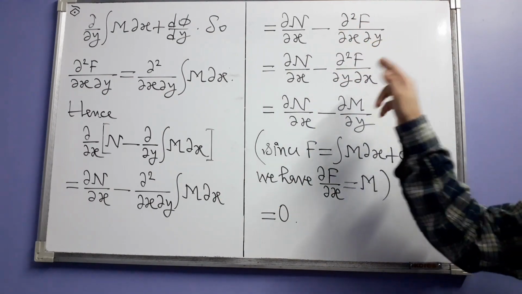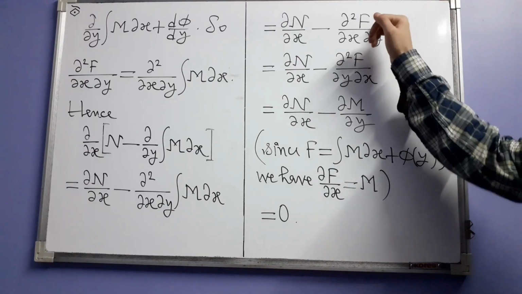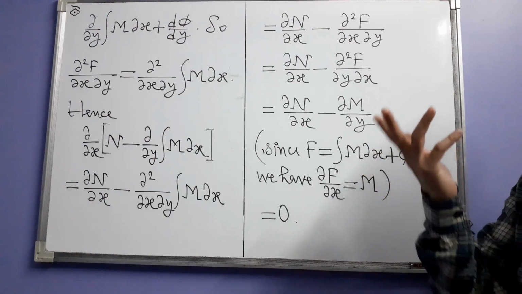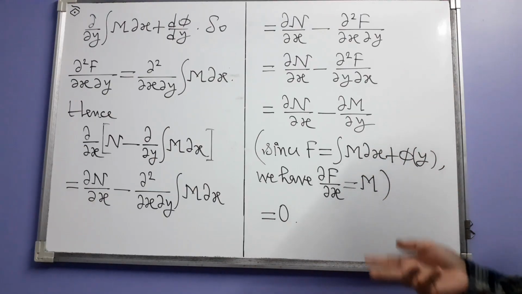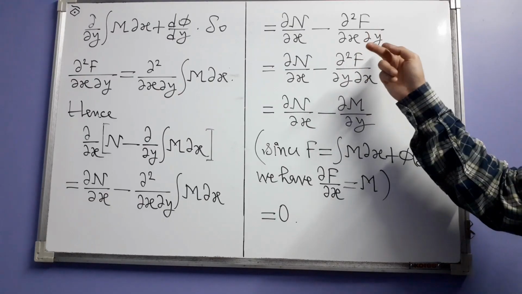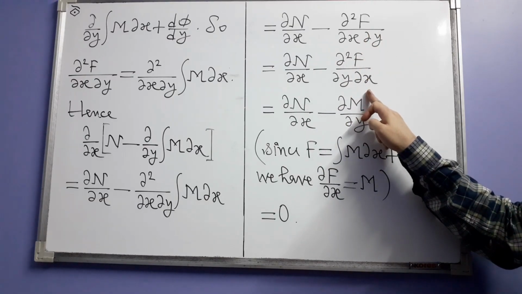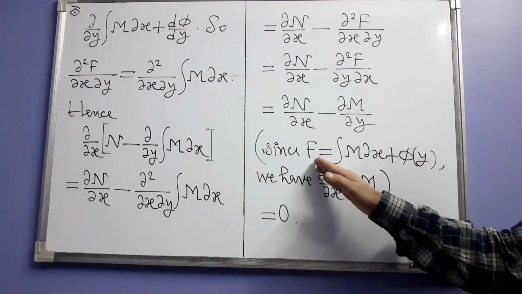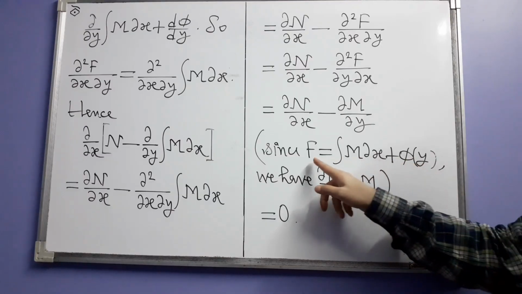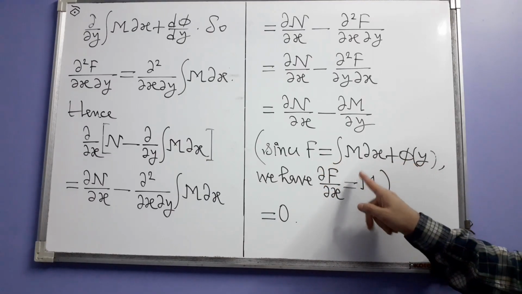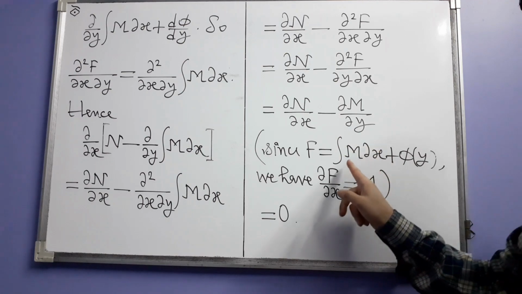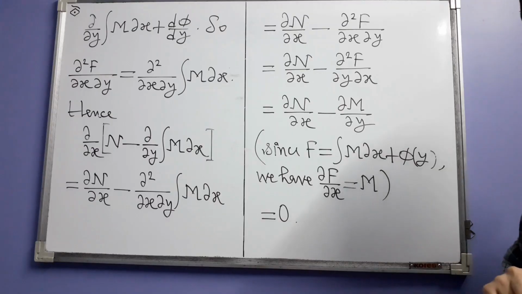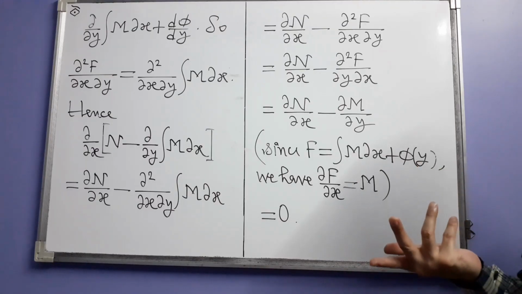Now again you can use Clairaut's theorem, because f is twice continuously differentiable, the second order partial derivatives of f exist and they are continuous. So you can change del x del y to del y del x, and then this thing is equal to this. Why? Because our original f was this. If you differentiate both sides partially with respect to x, this is an antiderivative with respect to x, so differentiating this will give you m back, and this of course contributes 0.